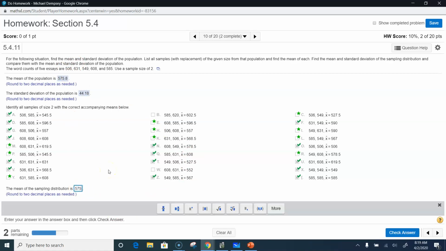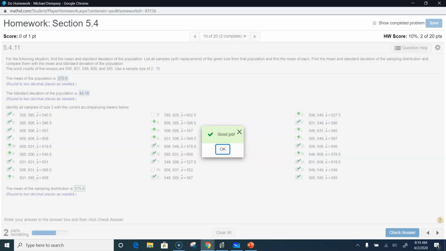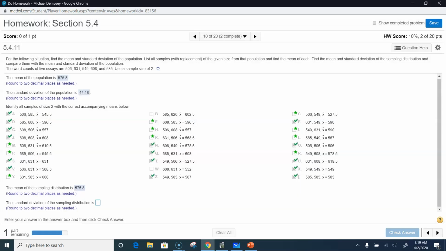The mean of the sampling distribution, though, is going to be real simple. That's going to be 575.8. I don't have to do any work for that. Okay, it's the mean of the population. That's our central limit. Standard deviation of the sampling distribution, we're just going to take that 44.18 and divide it by the square root of 2.